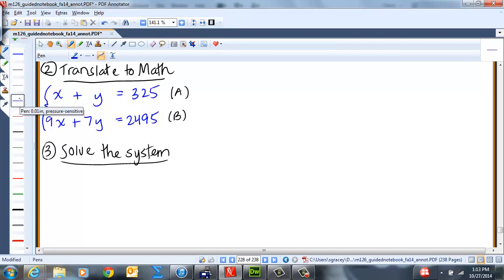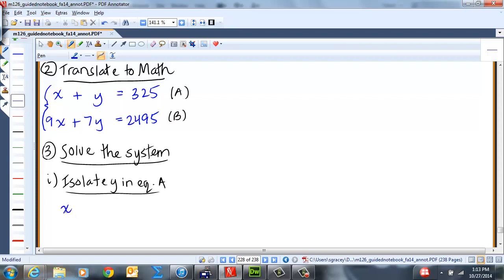So let's do it. What would you guys like to do? Do you want to do substitution or elimination? Let's do substitution in this one. So the first one, I'm going to go ahead and isolate y in equation A.